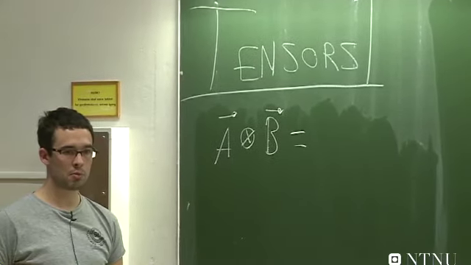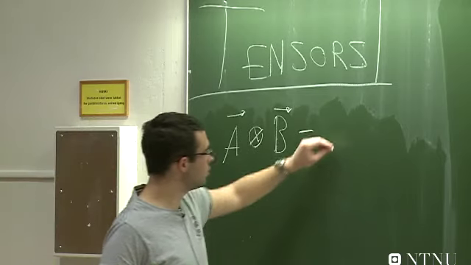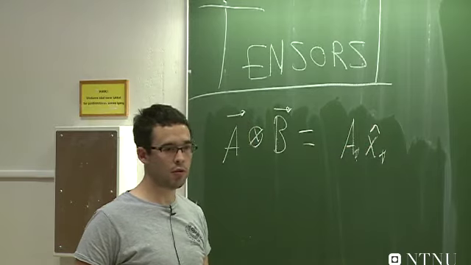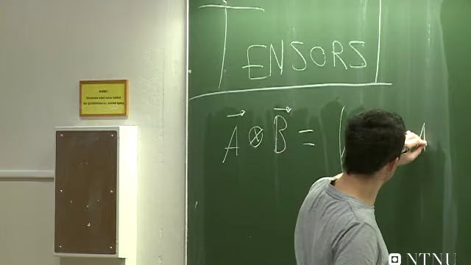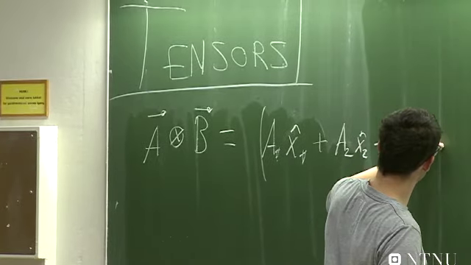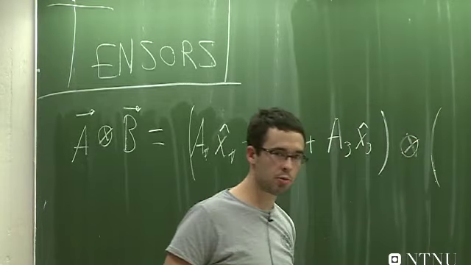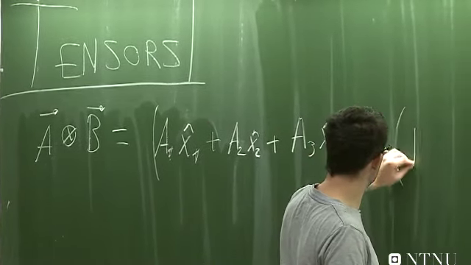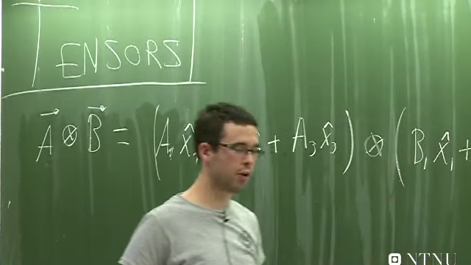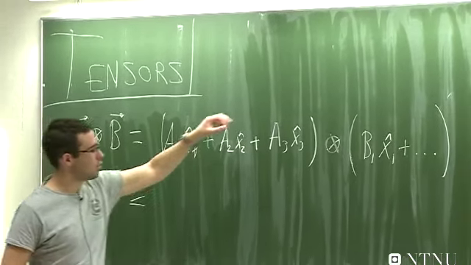If I want to write it out more explicitly, I can just rewrite, first of all, the A and the B as their components. So it's A1 times the first unit vector, and so on. And the tensor product with the B written in similar fashion. I guess you have enough of an imagination to see what the rest looks like. And now I can just do this term by term.